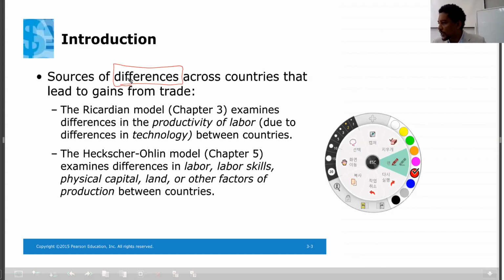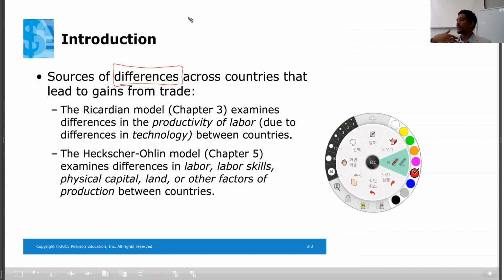It could be in natural resources, it could be labor, it could be in capital, or it could be in skill. For example, South Korea doesn't have the same natural resources as the US or Europe. South Korea doesn't have similar labor skill as the US or Europe.